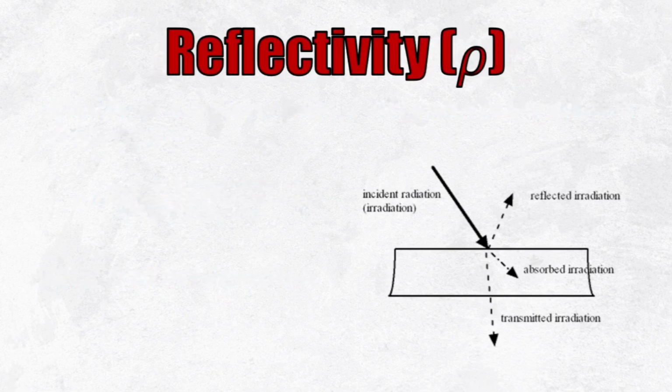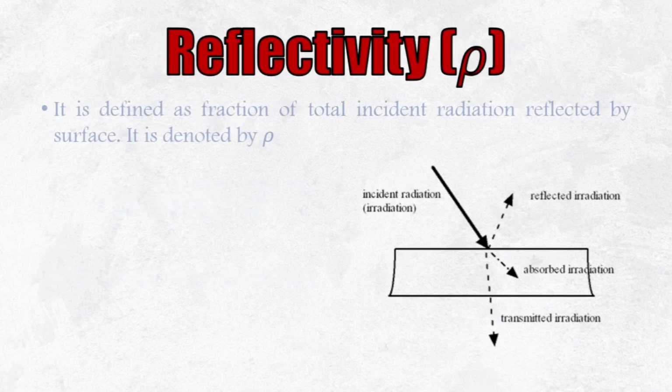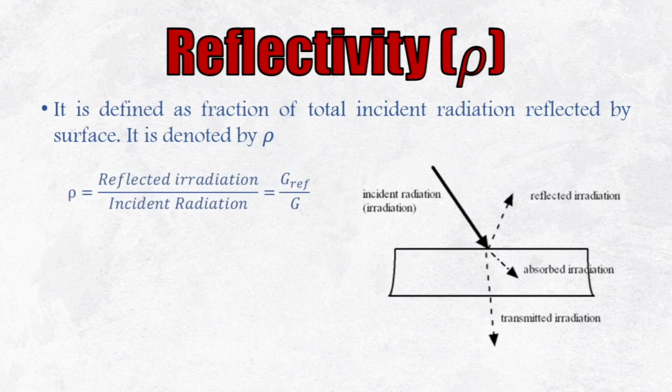Next definition is reflectivity. So we have discussed that when irradiation falls on a surface, those radiations can be absorbed, transmitted, or reflected. The radiation which is reflected divided by total radiation falling on a surface is known as reflectivity, and this reflectivity is denoted by rho.